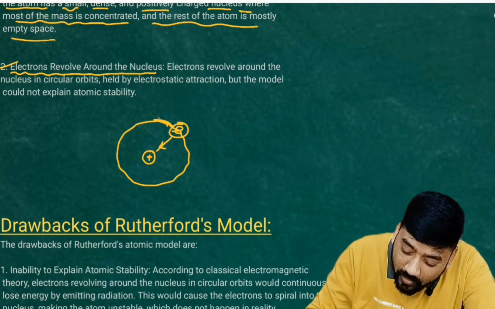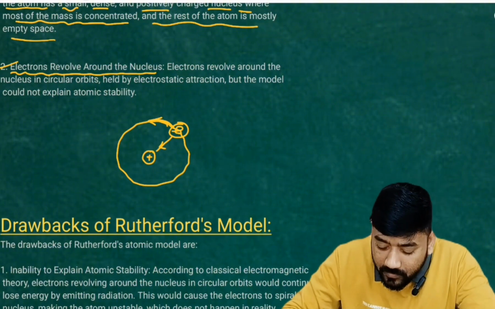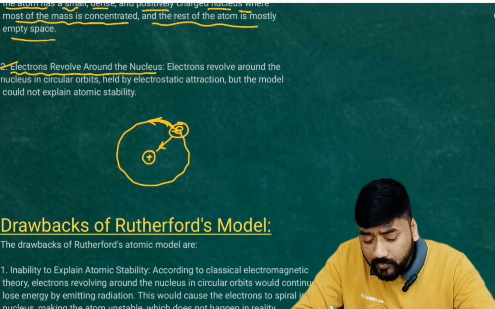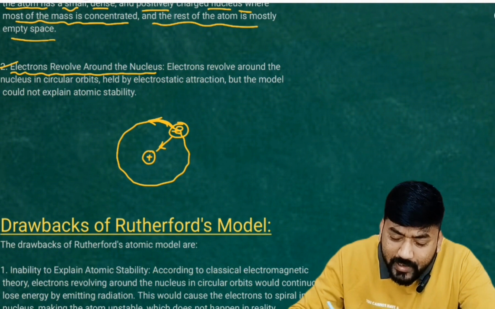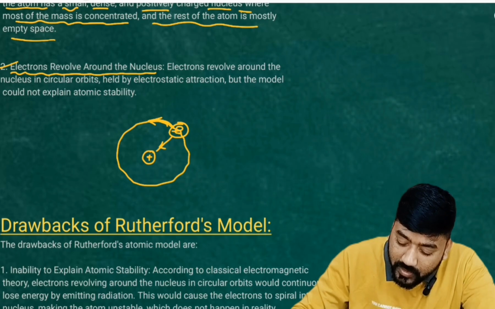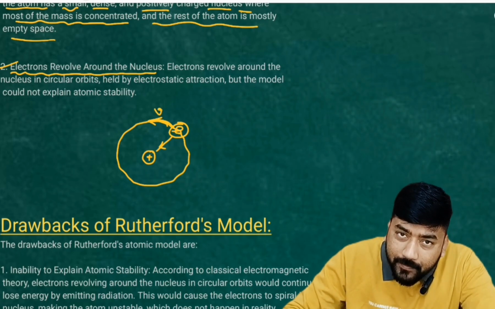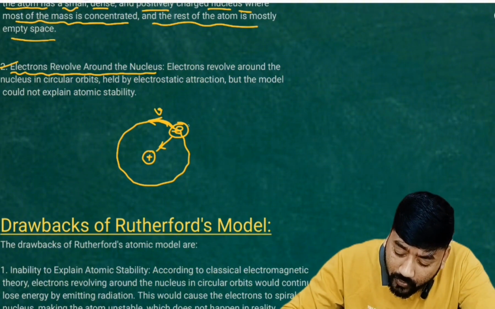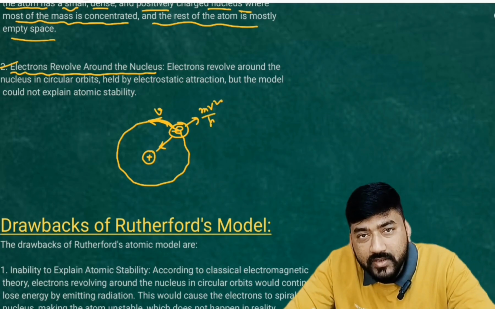So a very simple logic he applied. If the electron revolves, then it will get a centripetal force. So that centripetal force will be used here to revolve the electron. And if you talk in the frame of the electron, then you can understand this by the centrifugal force. कि electron जो है that will rotate with a speed v, and if it rotates with a speed v, then a force, that is the centrifugal force, will act outwards, and its magnitude is mv square upon r.